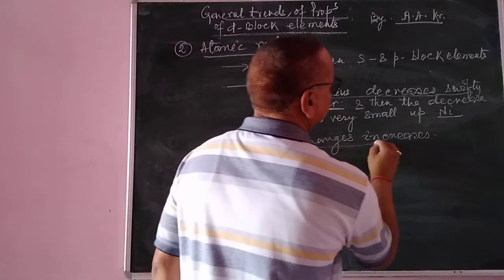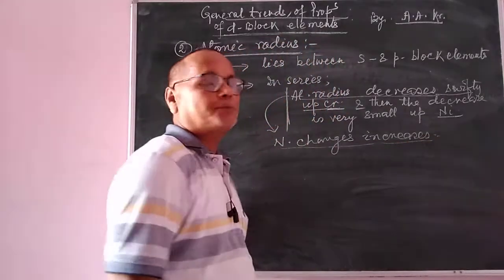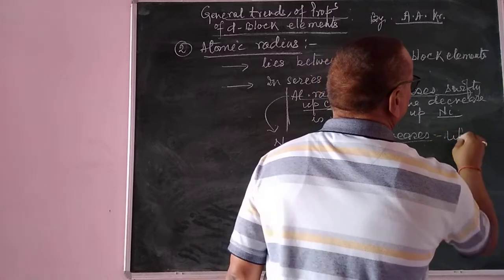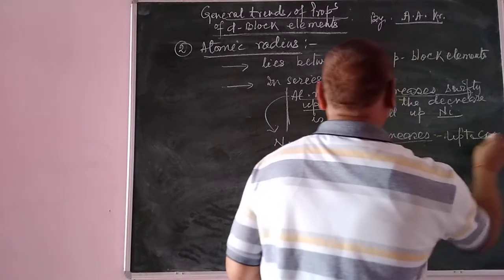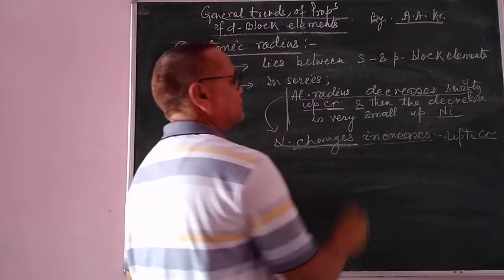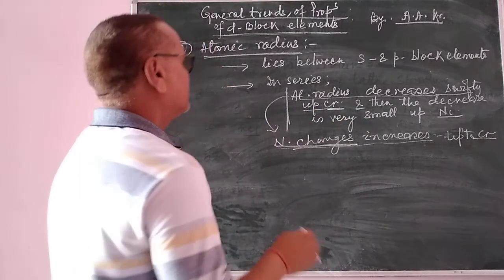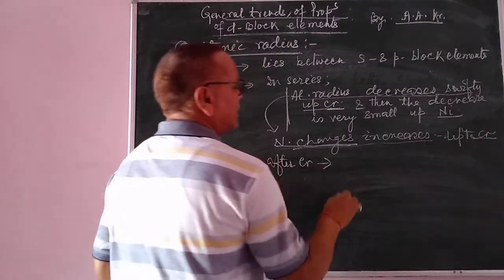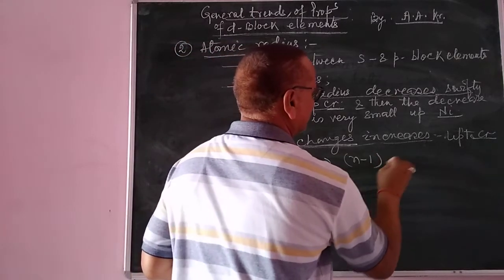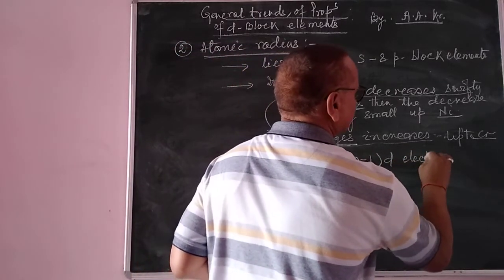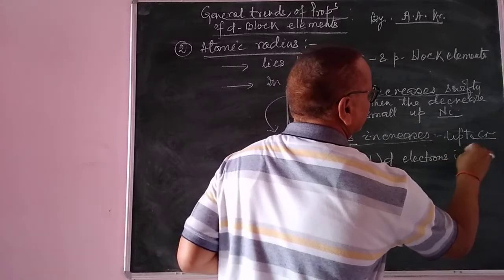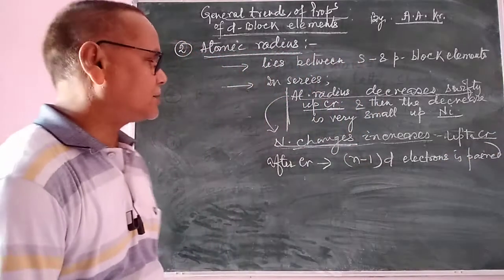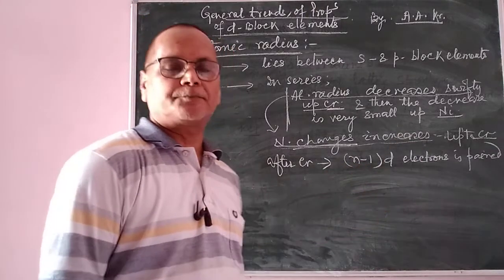So nuclear charge increases up to chromium, and only nuclear charge is effective. But after chromium, the (n-1)d electrons increase and pairing of electrons in d orbitals exists.